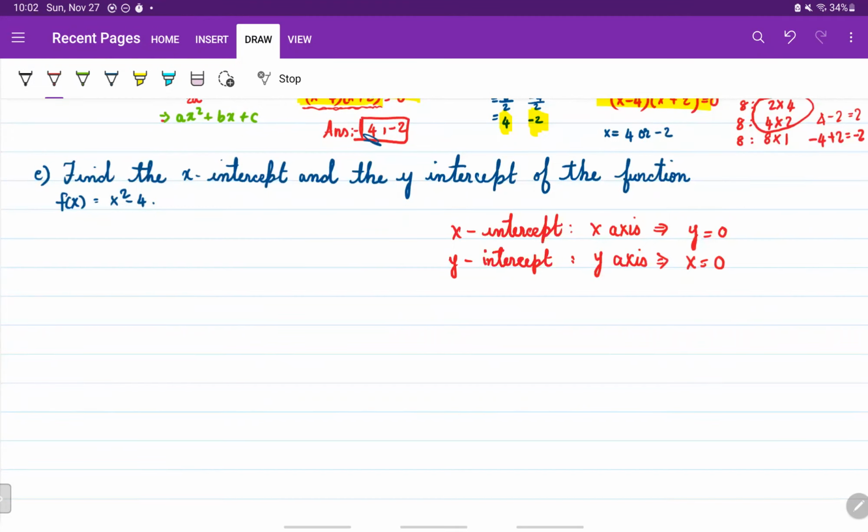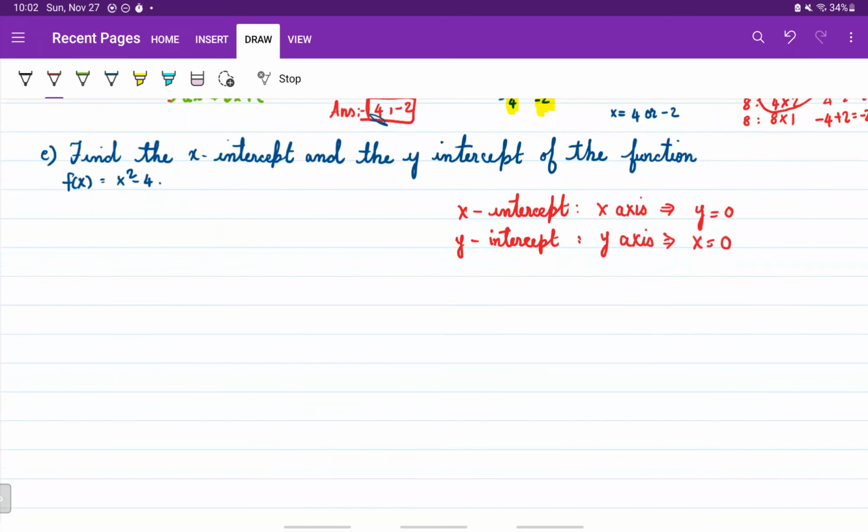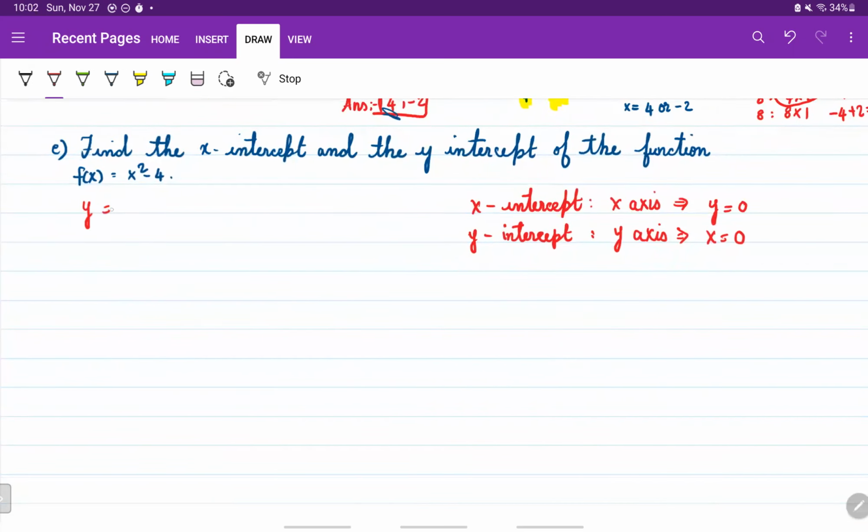So now if we want to find the x-intercept, we want y to be 0. So f of x here is y, so y equals x squared minus 4. So we want y to be 0. So we substitute y as 0. So we have x squared minus 4 equals 0. x squared is 4.